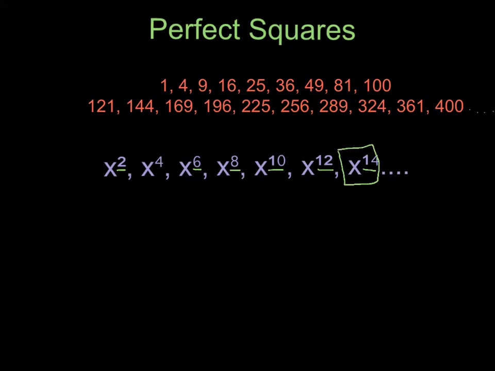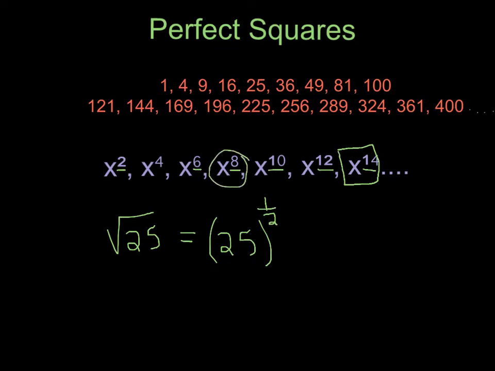And here's why. When you are taking the square root of a number, let's say the square root of 25, well, we know that's 5, but another way of writing square root is taking 25 to the power of 1/2. That's the same thing. So let's think about what it would mean to take the square root of x to the 8th.